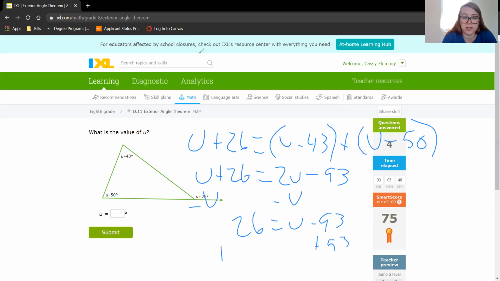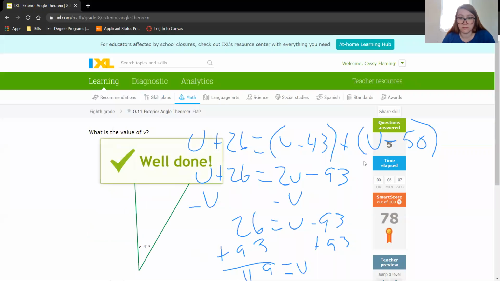What we do to one side, we have to do to the other. 6 plus 3 is 9. 9 plus 2 is 11. U is equal to 119. Let's check it out. 119. And I'll do one more like that.